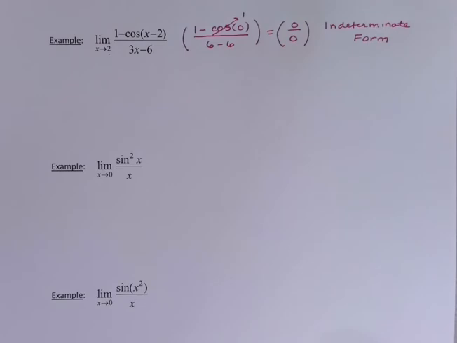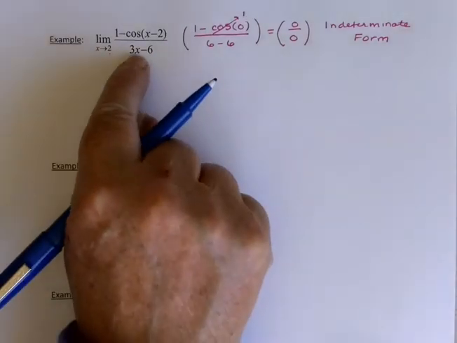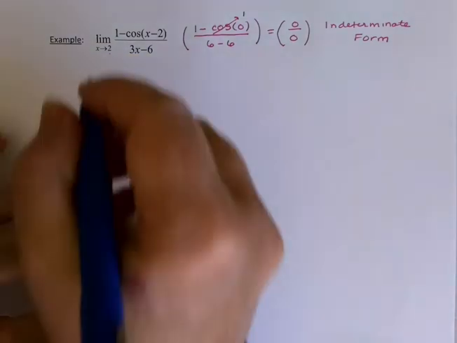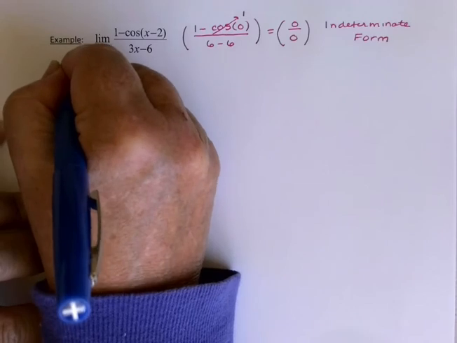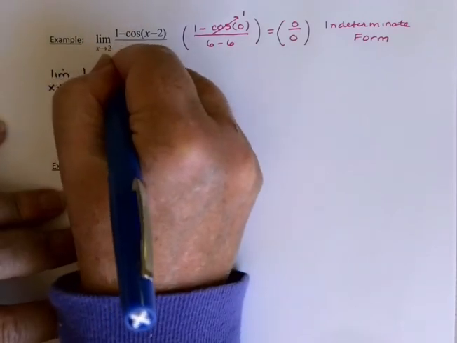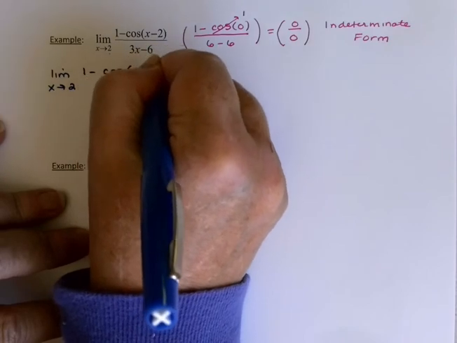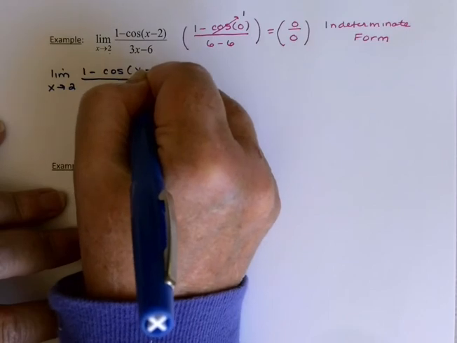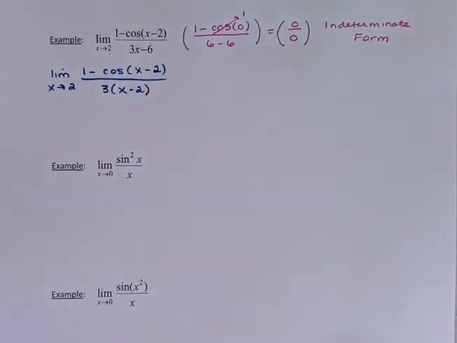In this case, there is no obvious algebra for me to do other than perhaps factoring. Right? I could factor a 3 out of that denominator. Maybe we ought to try that. Now be careful here.